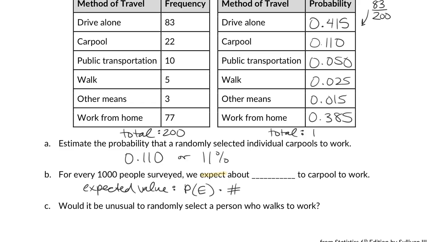So we would do 0.110 times 1,000, which is really just moving the decimal point 3 times. It should be 110 people that we're expecting to carpool to work, since the probability is 11% and we're surveying 1,000 people. That's expected value.